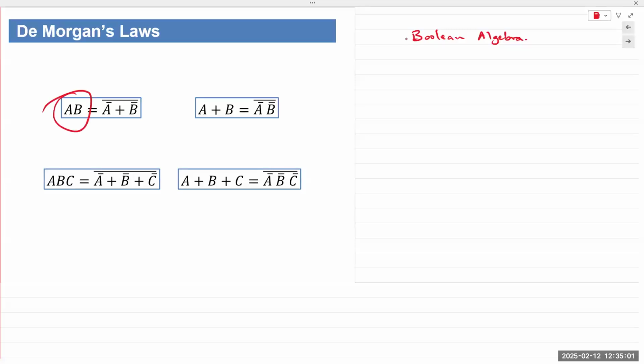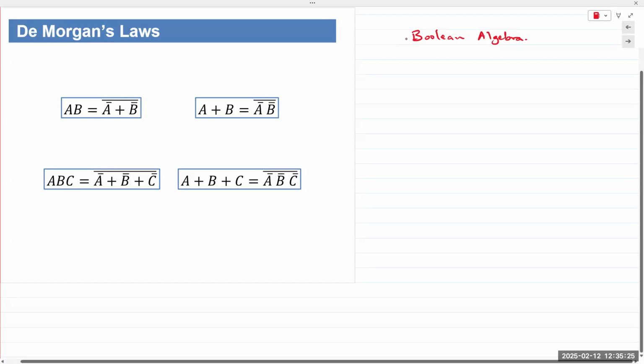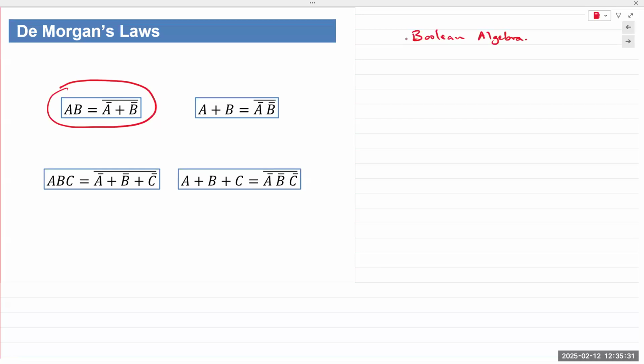First one up is the AND function. A and B can be written as A naught plus B naught, the whole naught. That's how we would read this. And so that is an alternative form of implementing A and B. But let's pause and think about what it means.